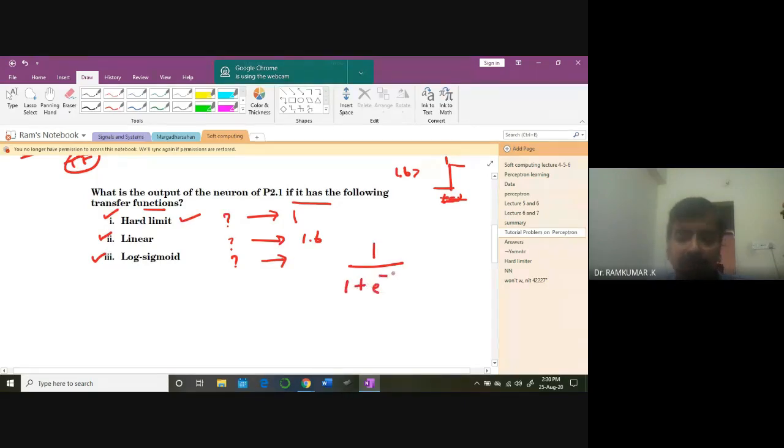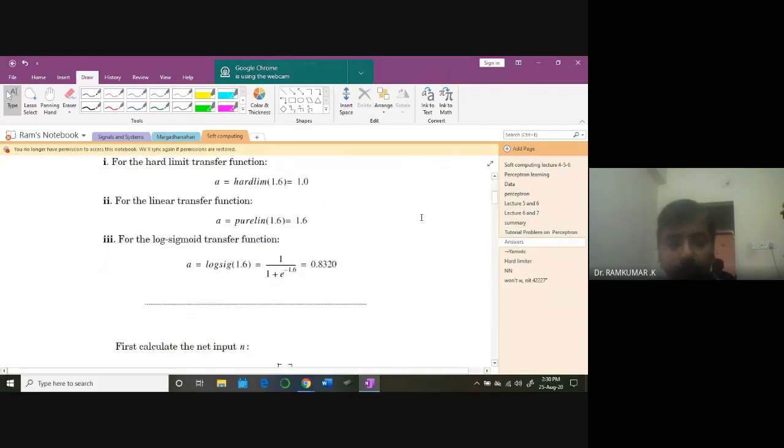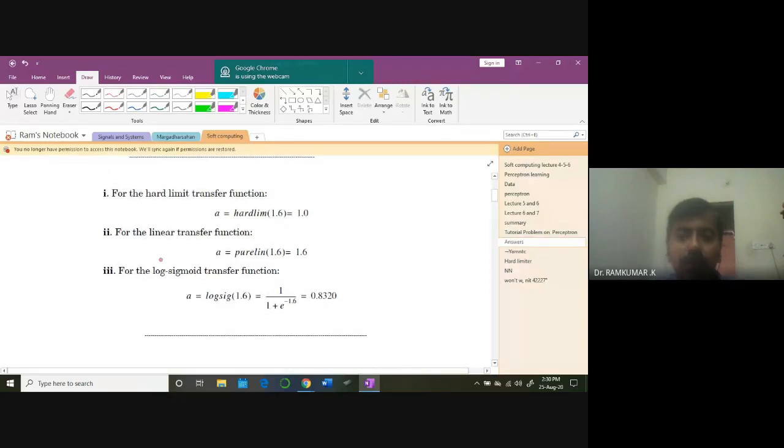Minus n is the function. Therefore, 1 by 1 plus e power minus 1.6. You plug in whatever value you get, that will be the answer. Is it clear? Can you visualize what I'm saying? It's a pure linear function, so if we pass 1.6, it's going to be 1.6, and for the sigmoid we get 1 by 1 plus exponential.